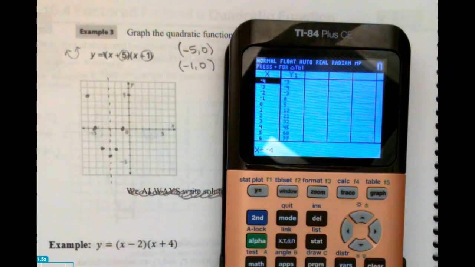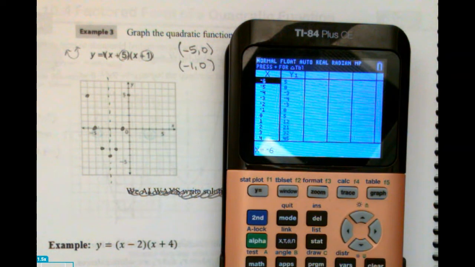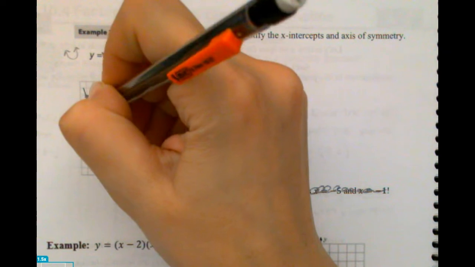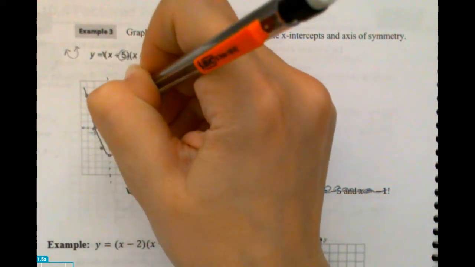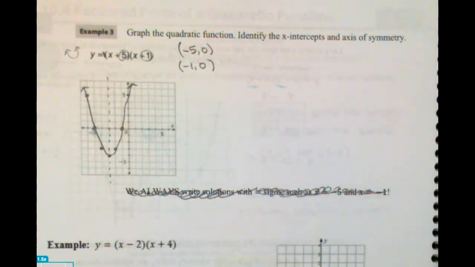Or -6, 5 if I scroll up. Yep, -6, 5. Okay, so now I've got my points, and everything I predicted was right. I got my 2 x-intercepts in the right place, my graph goes up, my axis of symmetry cuts through the vertex, so I can predict these things before having to use a calculator.